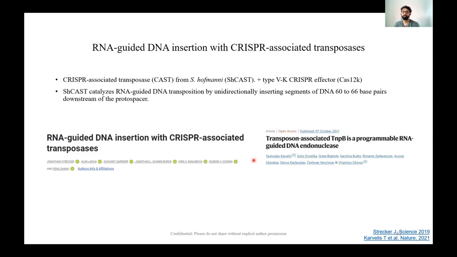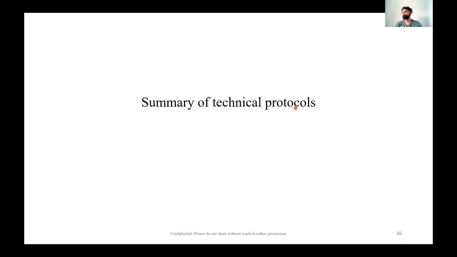This is as close as you can get in a mammalian system. I would recommend keeping an eye out on this particular group or publication, because this will be the next biggest thing in terms of targeting of your HDR templates.